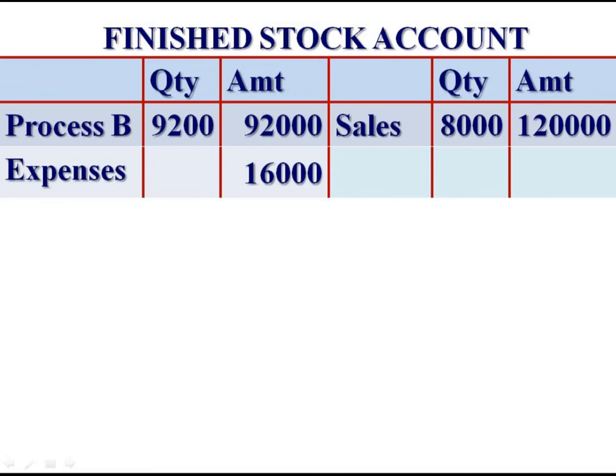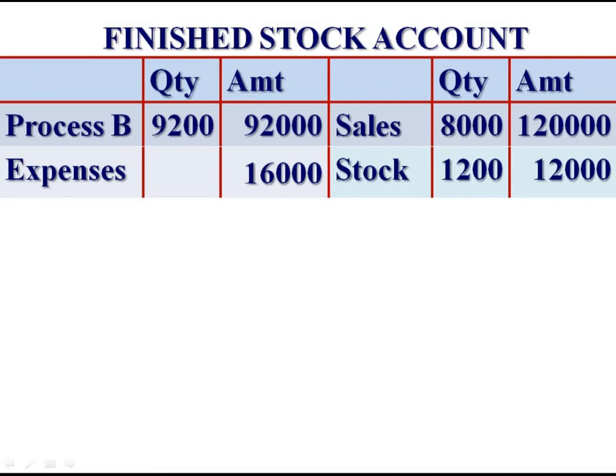Then in the debit side, the transfer from process B 9,200 units and the sales 8,000 units. Out of 9,200 units, 8,000 units were sold and there is balance closing stock 1,200.